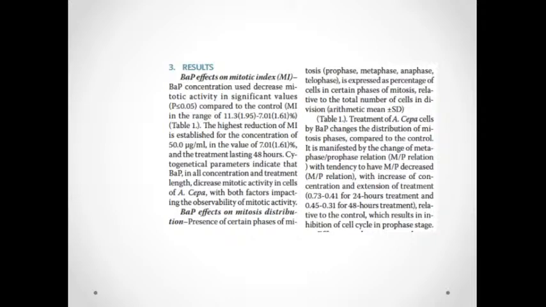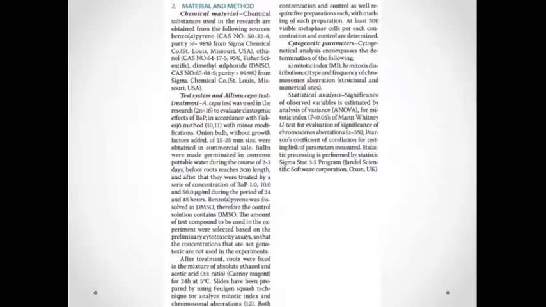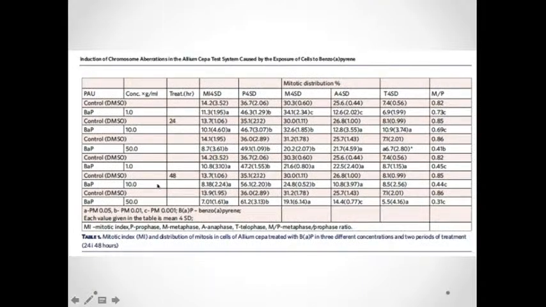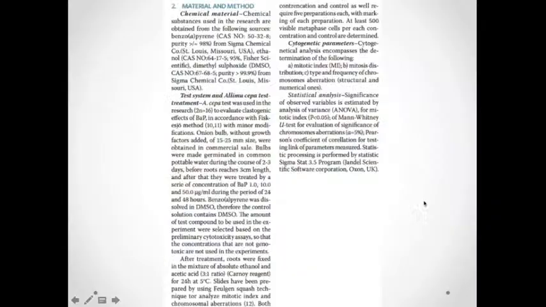So it is decreased, as we can see in the table, and the highest reduction of MI is established at the concentration of 50 microgram per ml, with a value of 7.01, and treatment lasting for 48 hours. So when we use 50 and 48, we saw the greatest change in the mitotic activity.